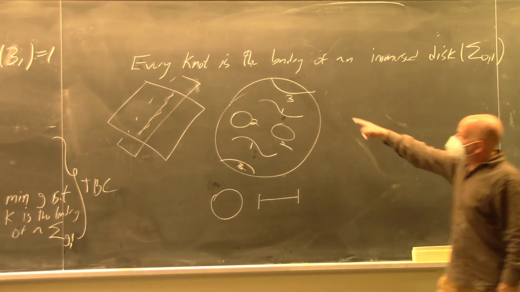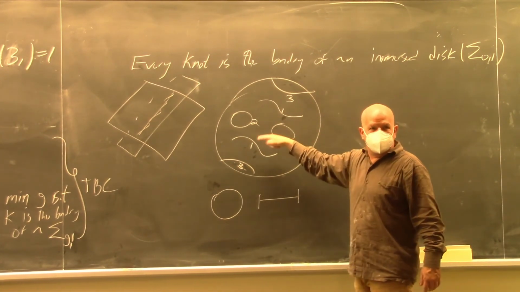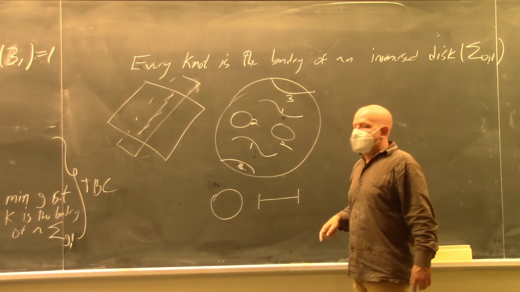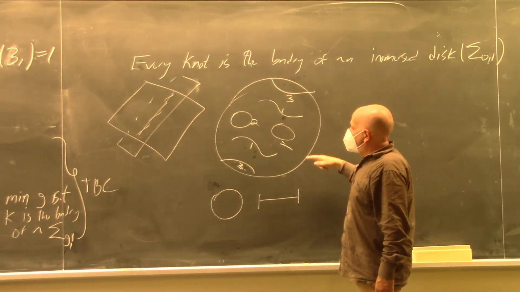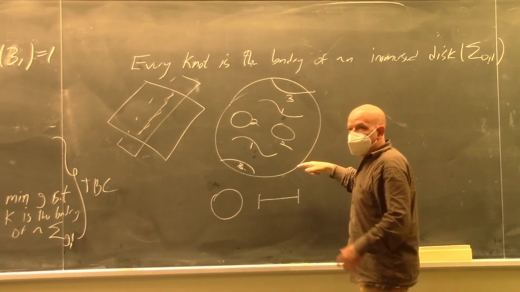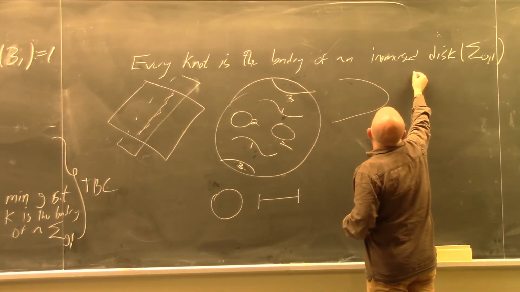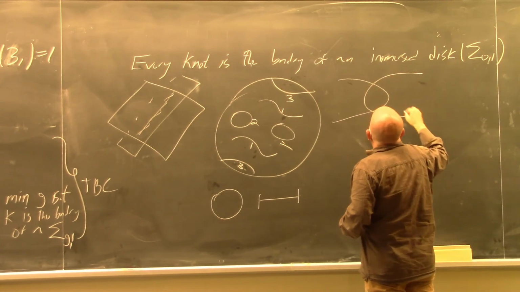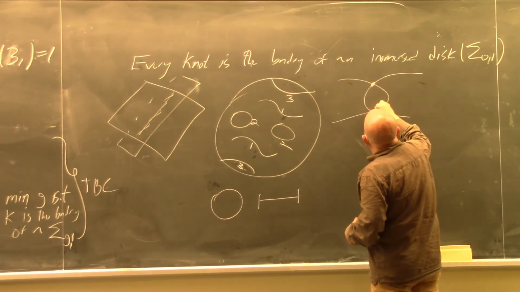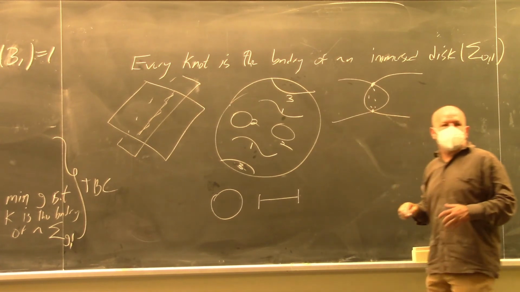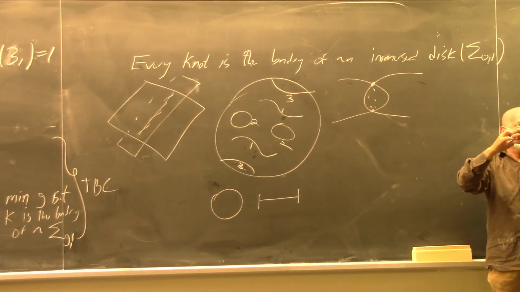So basically you have all sorts. You have circles and intervals. Circles geometrically will look like this. So you have two pieces of surface and they intersect in a circle. Okay, you can see it.